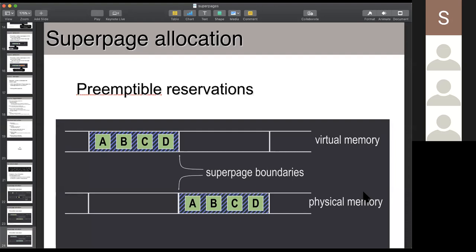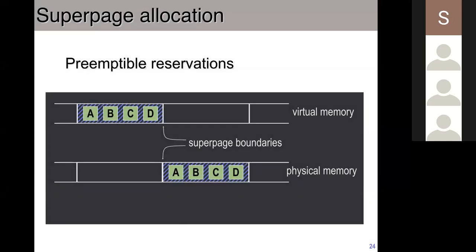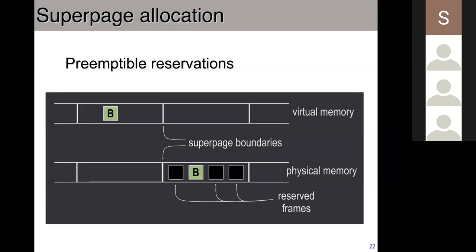Satrio has a question. If reservation is cancelled, then what happened to B that is already occupying the super page? Okay, so his question is, going back to the slides there. All right, so if you notice, we never made a super page till the neighboring pages were accessed, right?